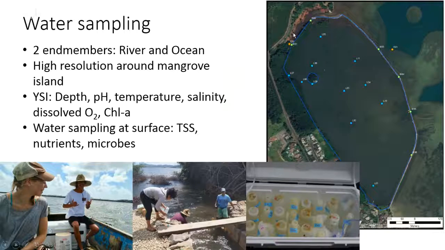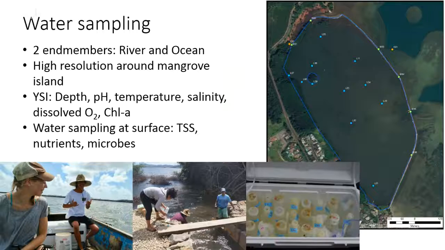And then we also sampled all the different mākāhā channels. And we had 2 end members. End members means we had one pure ocean water sample and one pure stream water sample, just so we could know how the geochemistry looks in these 2 end member stations.